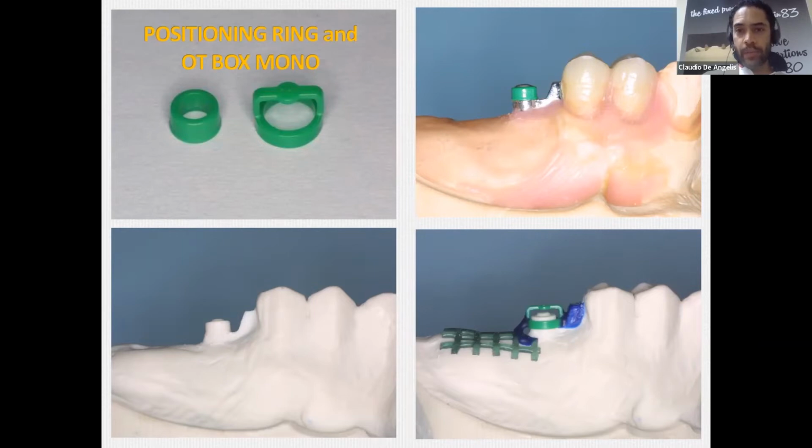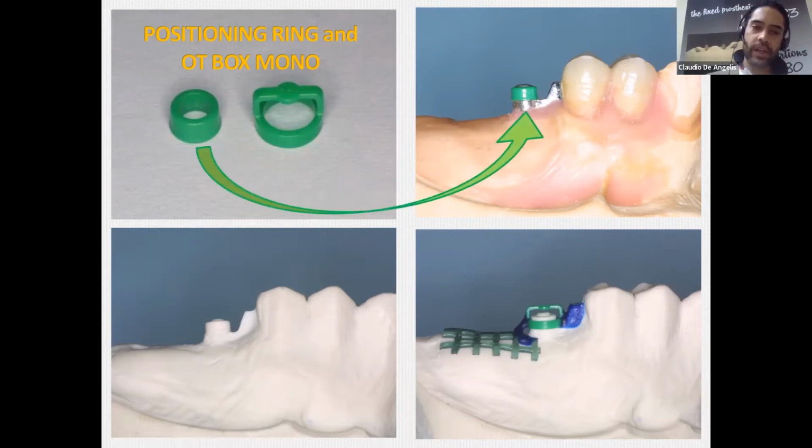It's very simple. We took the, I'm a dental technician, so I say we. We took our model with our crowns and the attachment, of course, and we put on top of it the positioning ring.